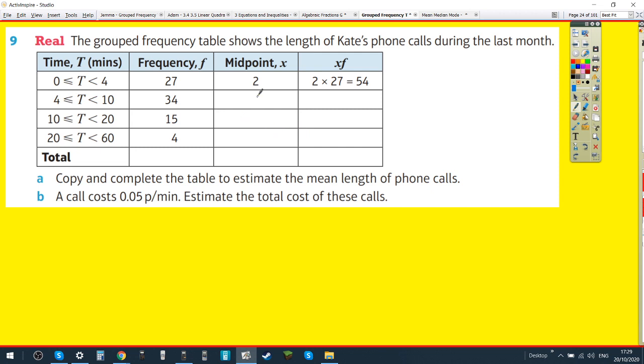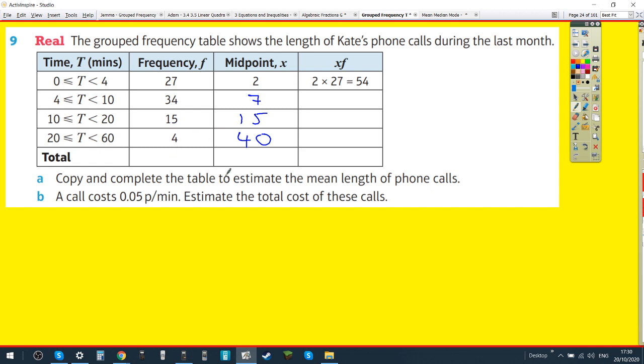The next one is... you can add the two numbers and halve it. Oh, okay. So the next one's 7. Then 15. And then 40. Yeah.